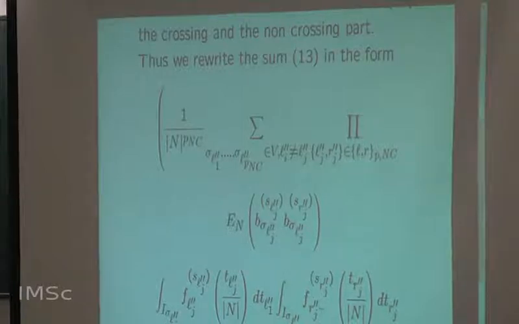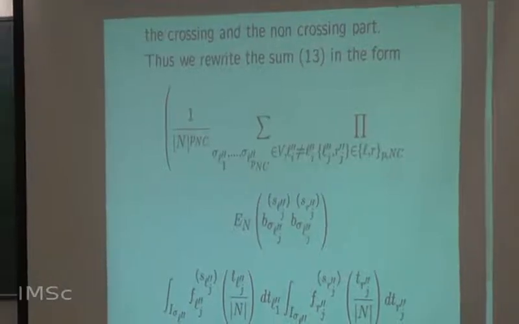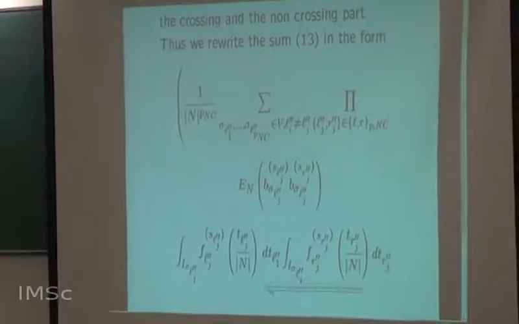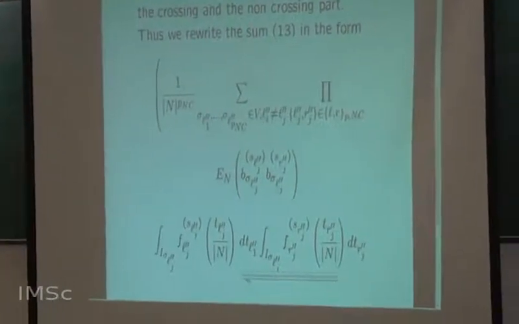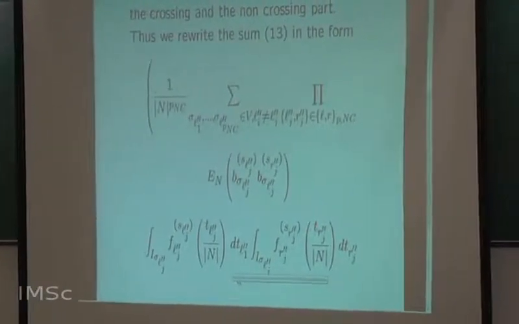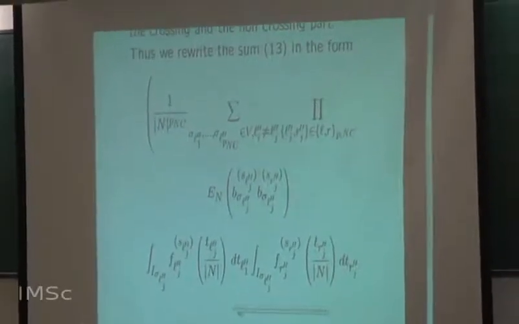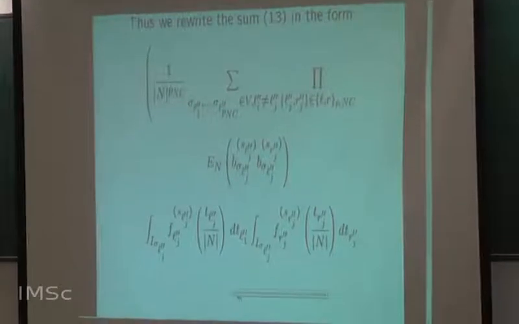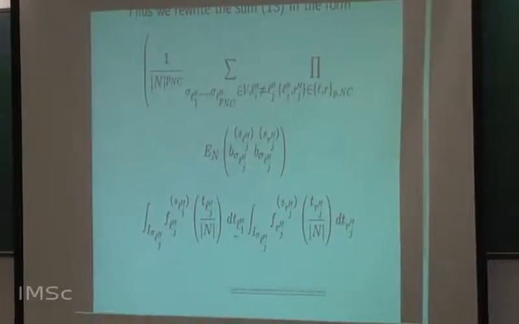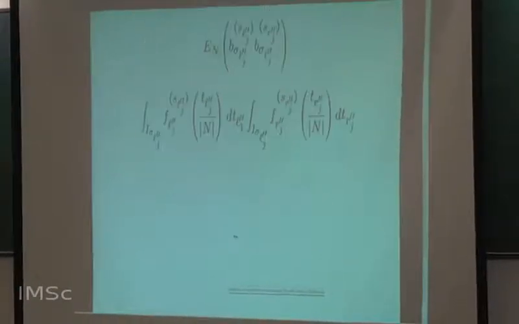So for each, as you see here, I have a double integral. The unification of the two will come from the lemma that we proved in the previous lecture about the covariance. Here we still have a double integral, so not white noise but colored noise. So this is the part of the non-crossing partition.